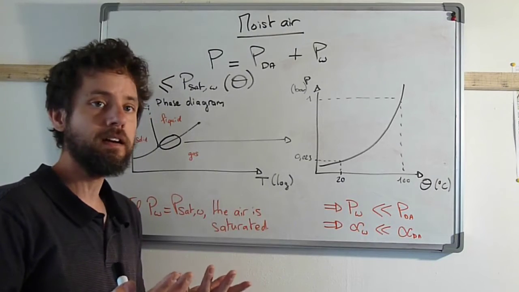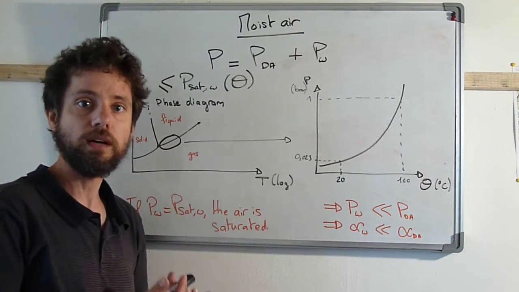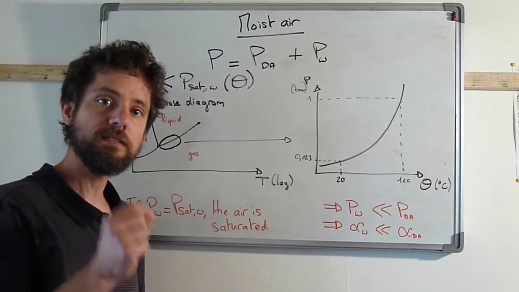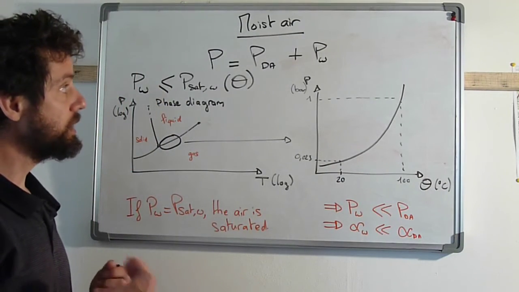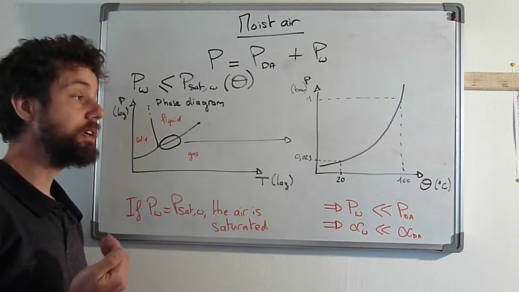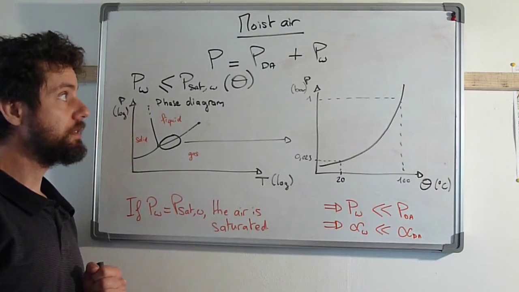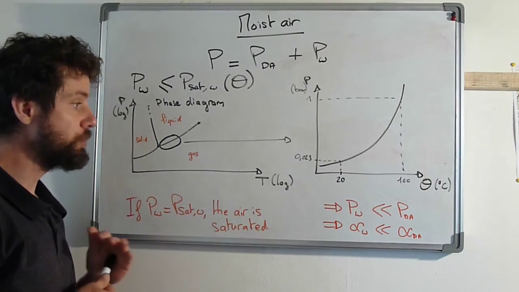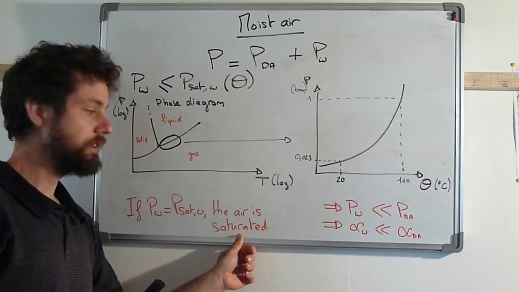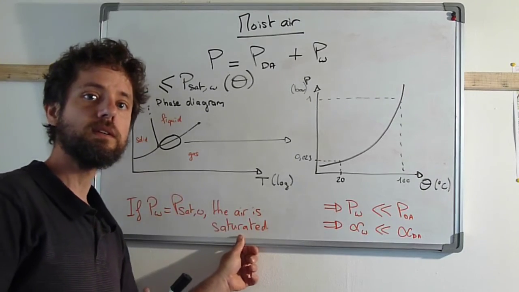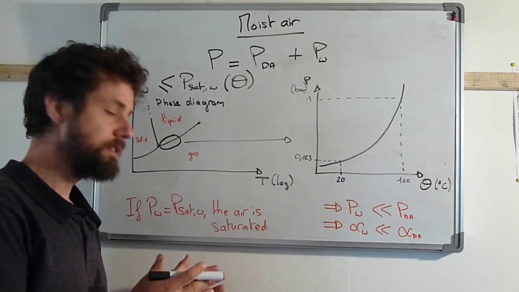So moist air is mainly composed of dry air and of a little bit of water vapor. When the partial pressure of water equals the saturation pressure of water at the temperature at which we are, we say that the air is saturated. So this is called saturated moist air.